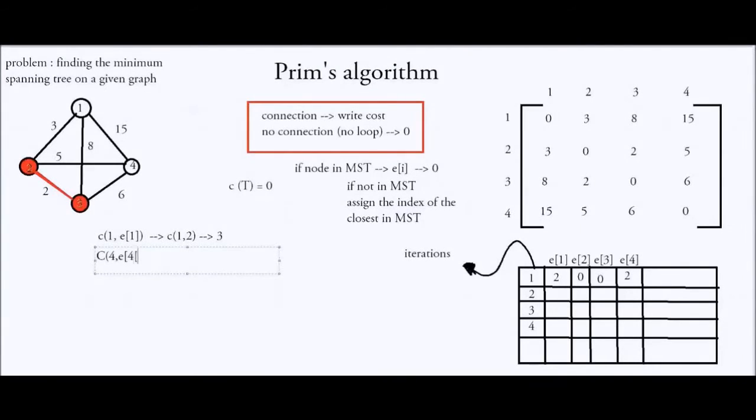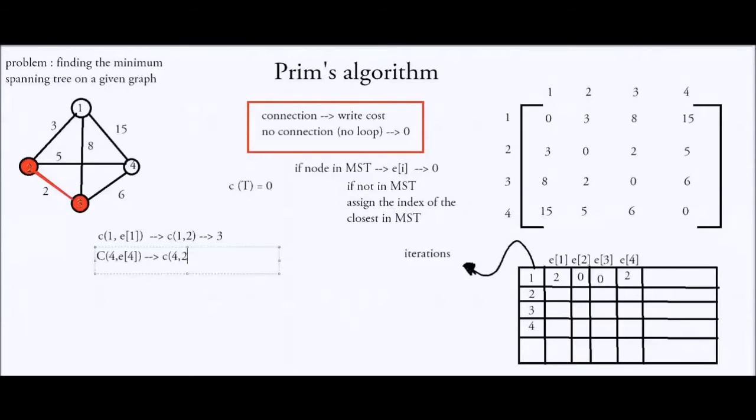So what you basically do here is nothing but calculate the cost from the current node to the closest node, right? So we've got C of 4, node 4 to E of 4. Check in the table. In E of 4 you just have 2.